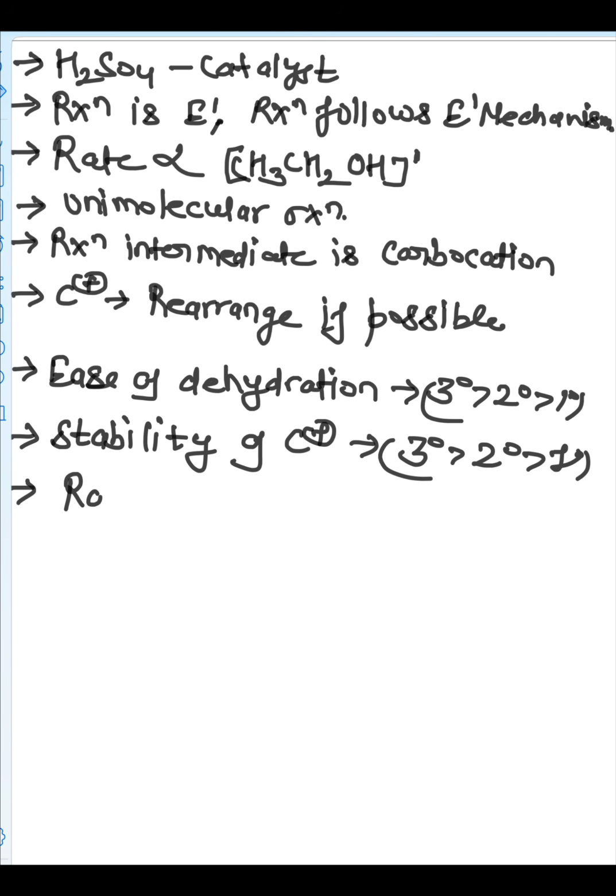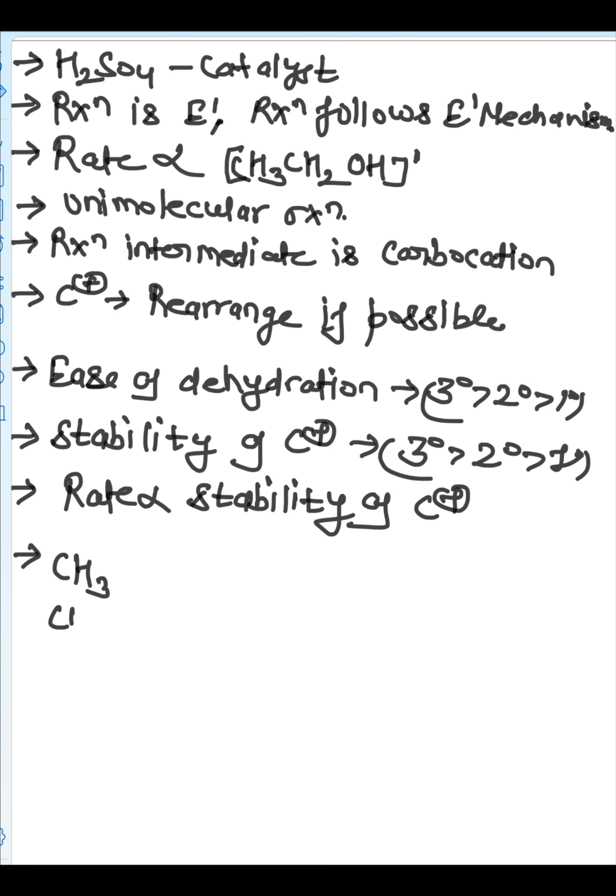That means the rate is directly proportional to the stability of carbocation, because in the rate determining step carbocation is involved and the removal of water is your rate determining step. See, this is your 3 degree carbocation.